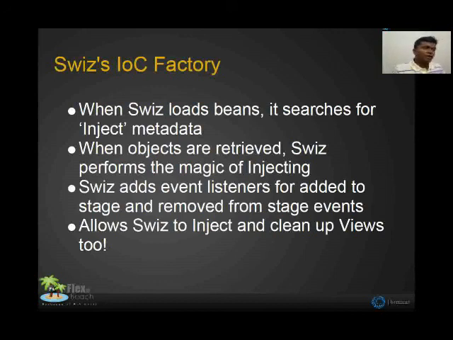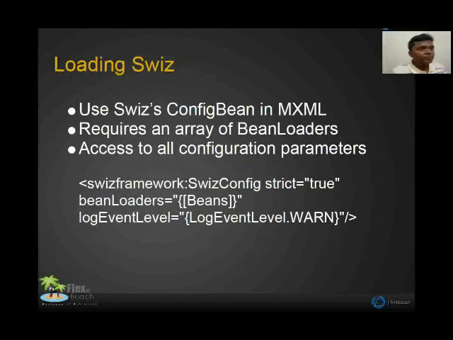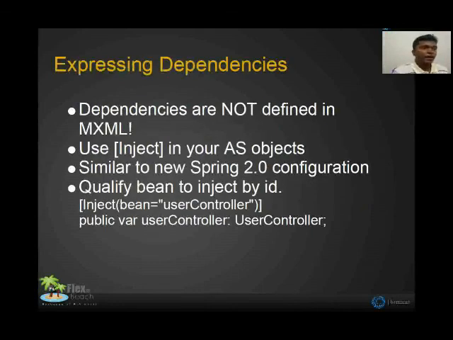Loading Swiz: use the Swiz config bean in MXML. It requires an array of bean loaders and access to all configuration parameters. So this is how we load the Swiz config, and dependencies are not defined in MXML at all. Use Inject in your AS objects, similar to Spring 2 configuration, and a qualify attribute to inject by ID.